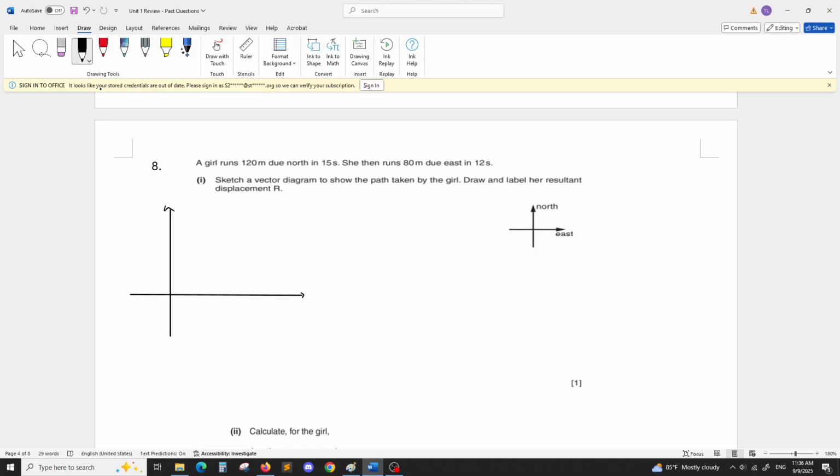So we have, okay, I should do this in a different color. So we have our 120 meters here in 15 seconds. So this is the magnitude, and then we have due east, right?